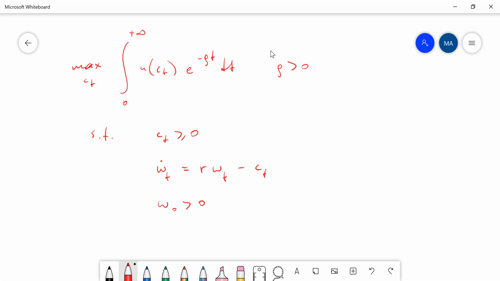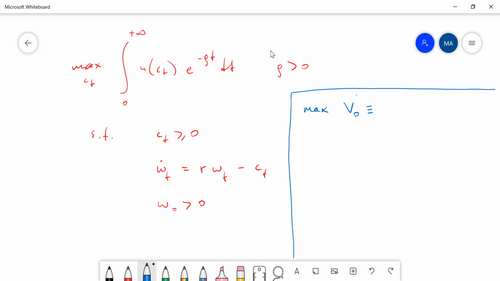So another problem would be a firm problem. Let me use this space for that. So suppose that the firm wants to maximize the market value of it. So here we have, again, an infinite horizon. Now there is a profit stream. This profit is discounted at this market interest rate, R, where R is positive.